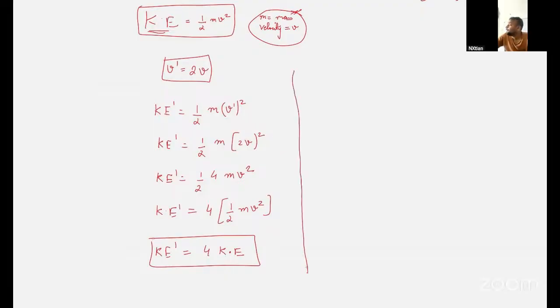Now I will ask this question from David. David, if the mass is increased by 2 times, what will be the impact on kinetic energy?